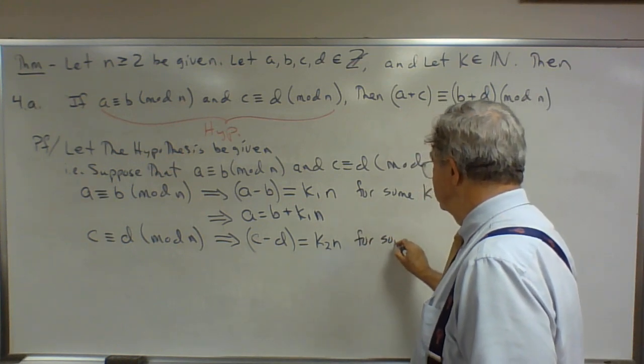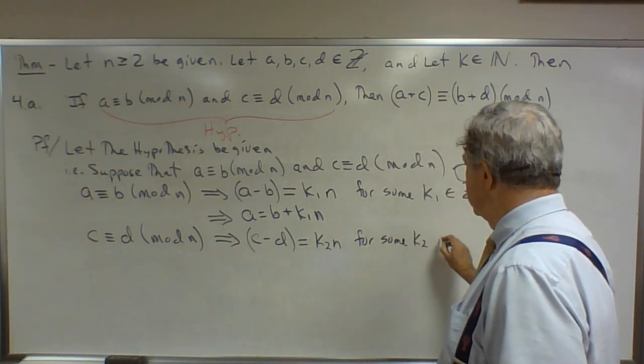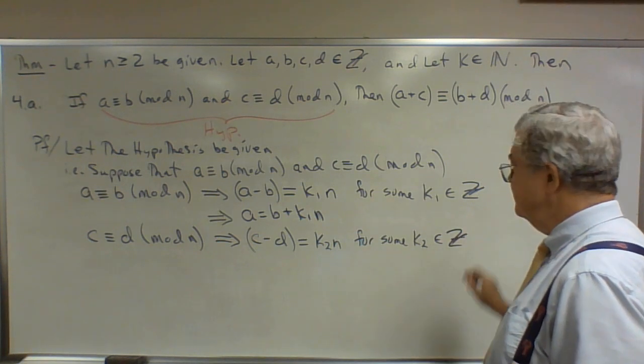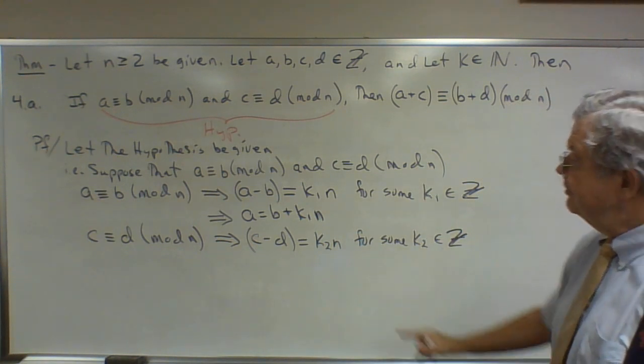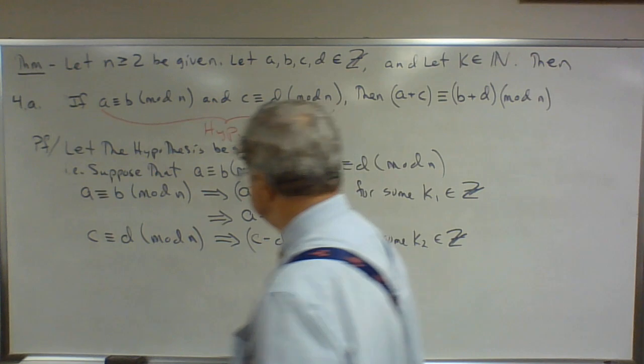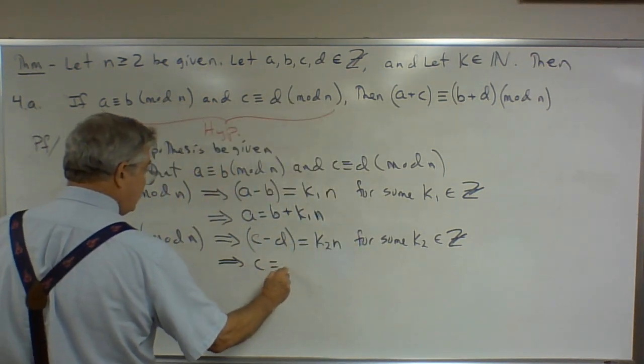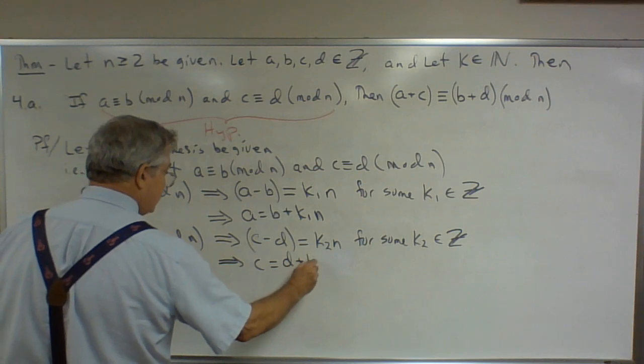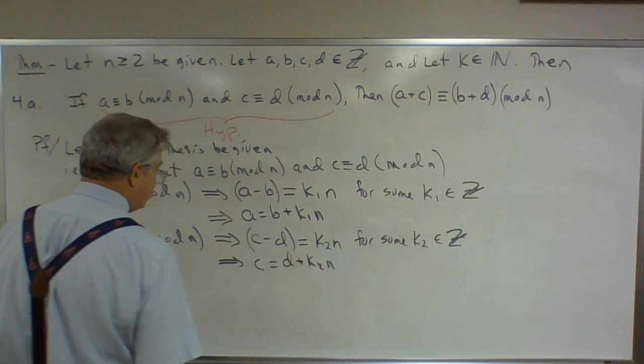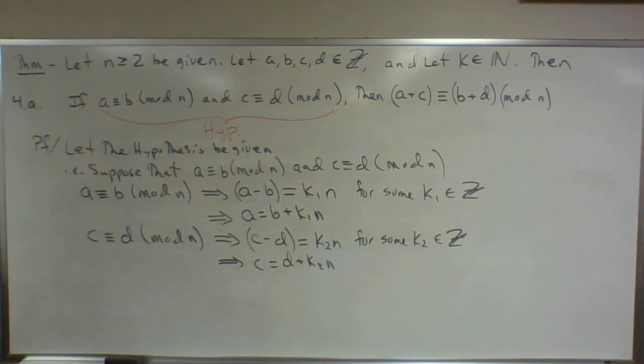For some integer k2. And a consequence of this is that C equals D plus k2 n. Oh, I see things falling into place.